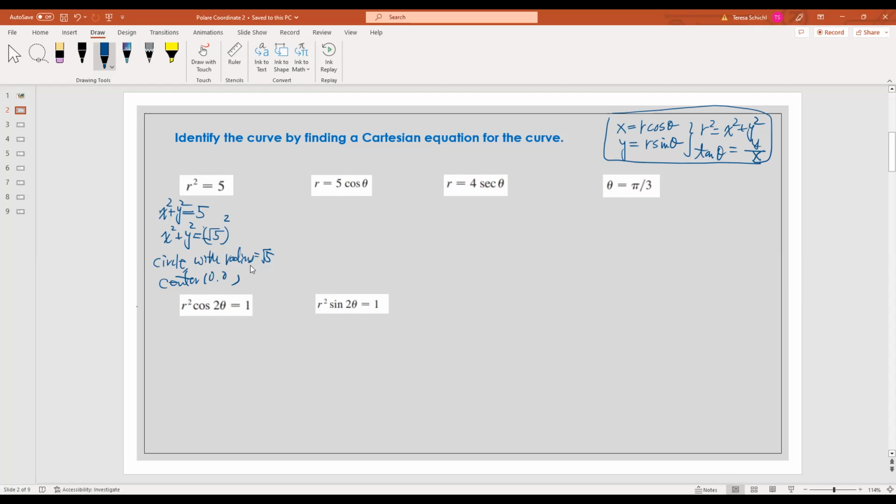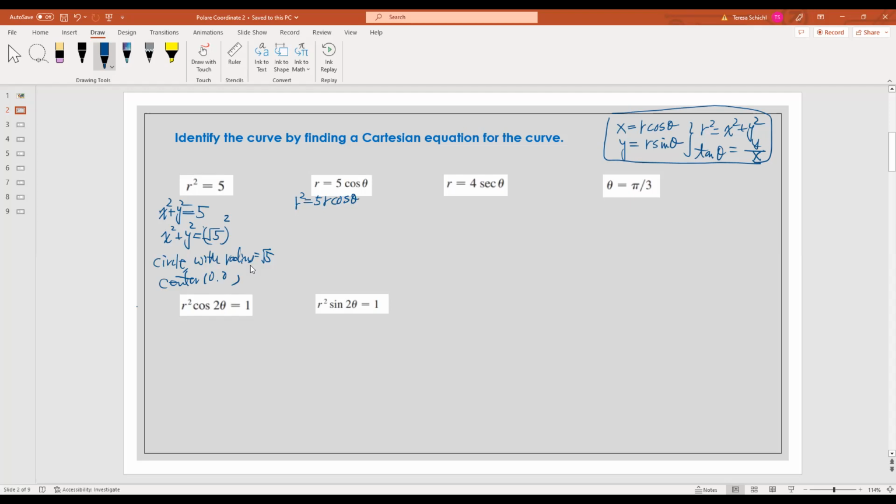Then the next one is r equal to 5 cosine theta. What type of graph is this? Let me multiply both sides by r. So I have r squared equal to 5r cosine theta.